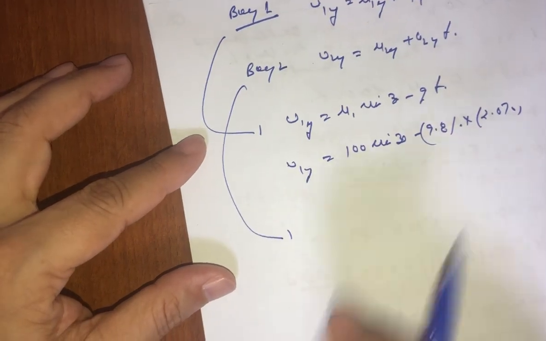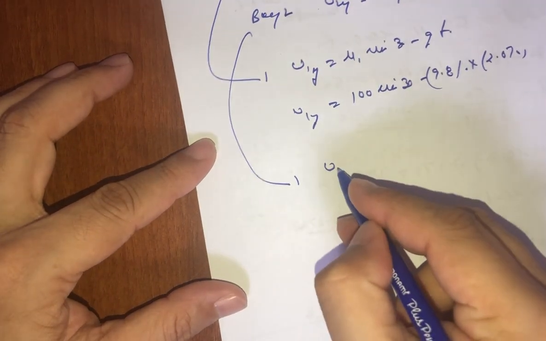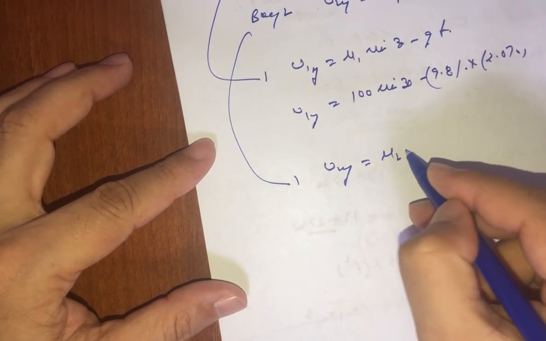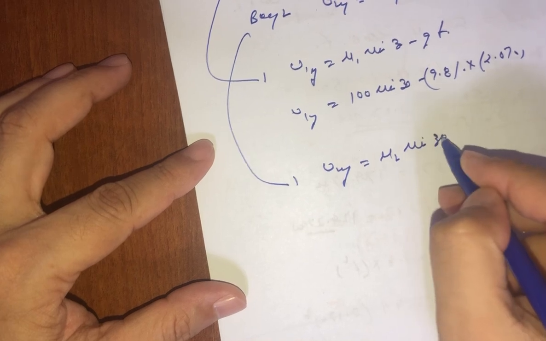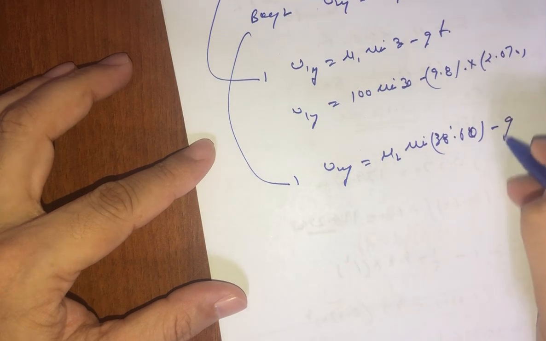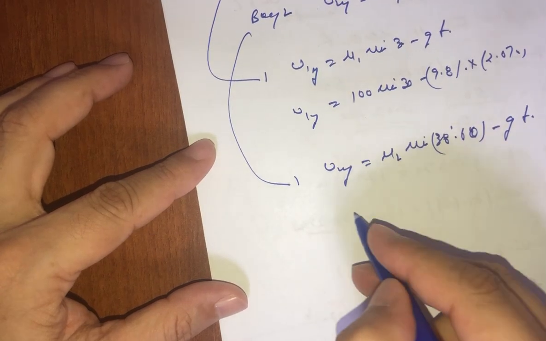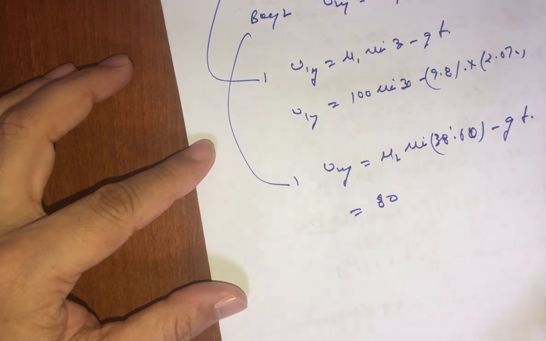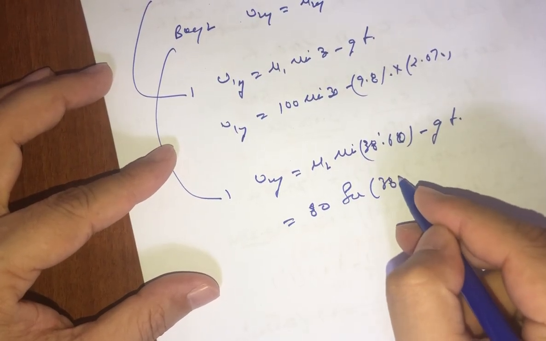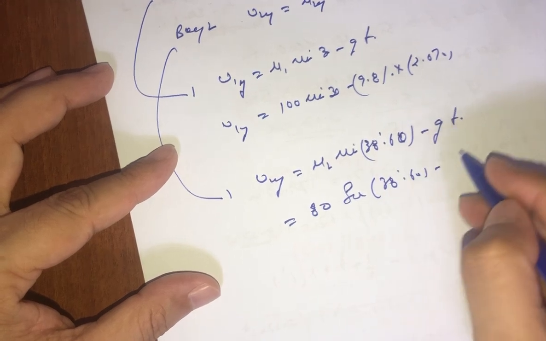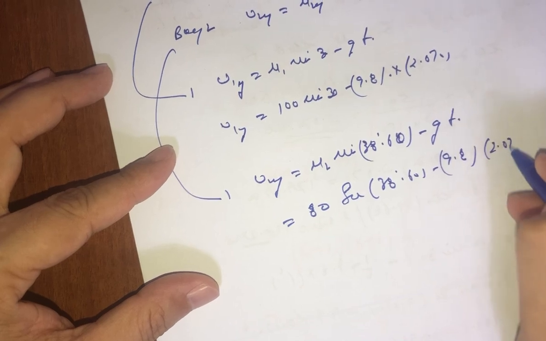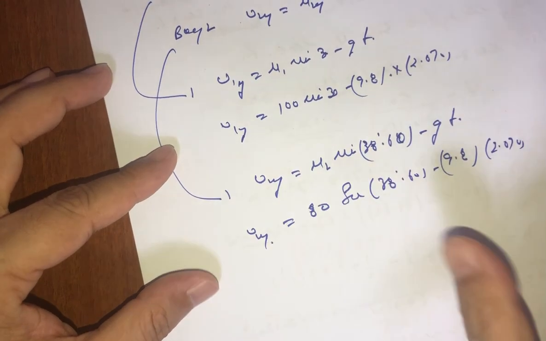And similarly we can find out v2y. So v2y will be equal to u2 sine of 60 minus g t. So this is given as 80 sine of 60 minus 9.8 multiplied by 2.070, so this will be v2y.